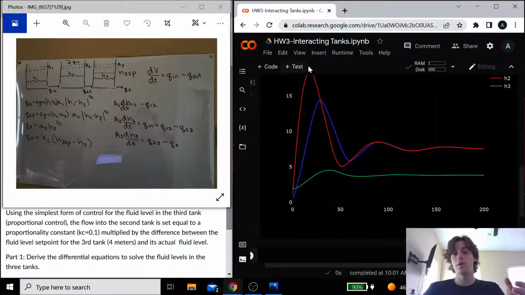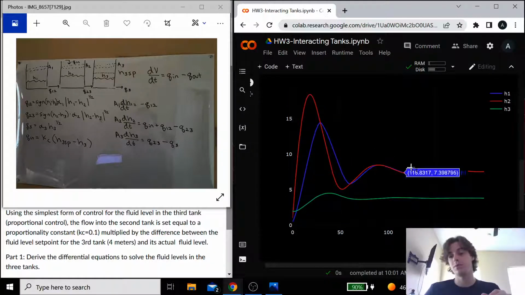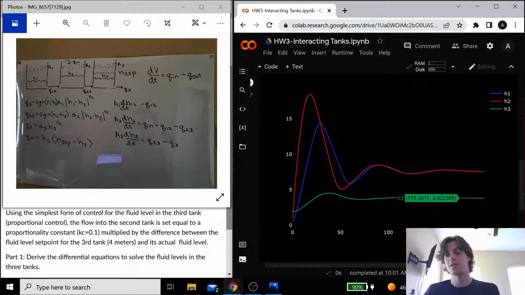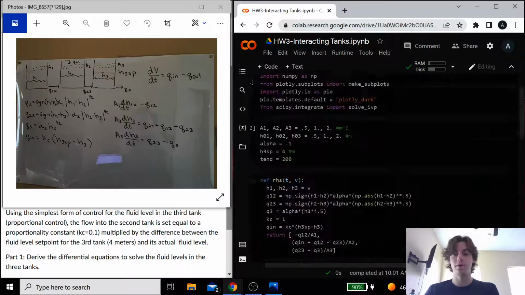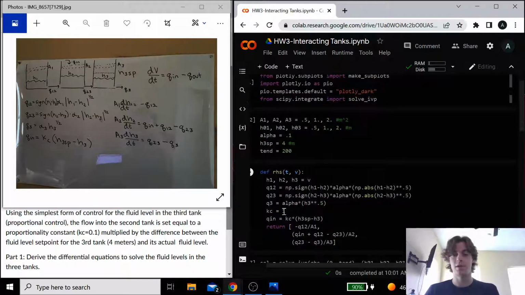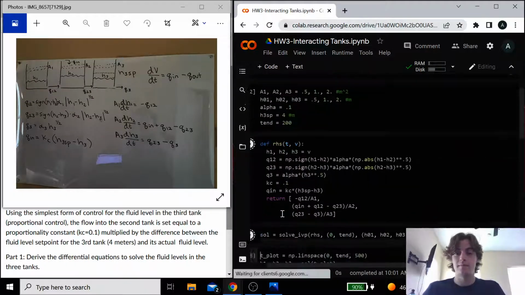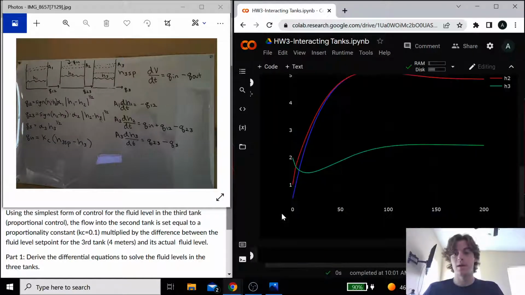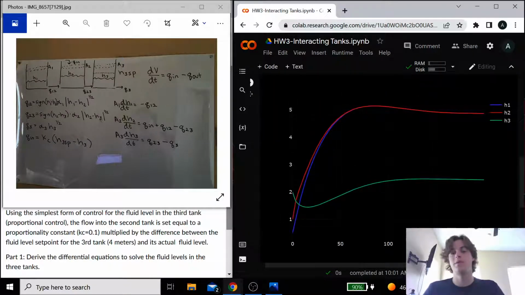So this will increase the amount of fluctuation. So you see it overshoots multiple times before reaching our set point, but you can see we're much closer. So now it's at 3.8. But the problem specified 0.1, so I'm going to go ahead and change that back. And there we have the three heights of the tanks.